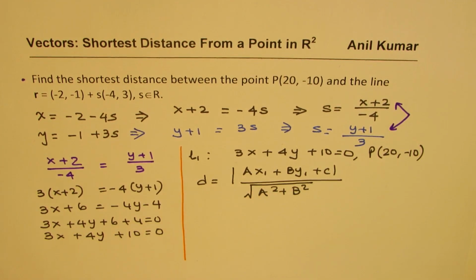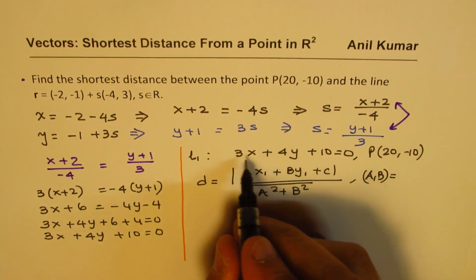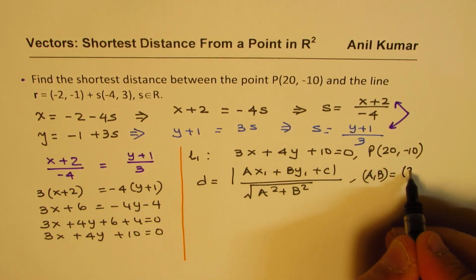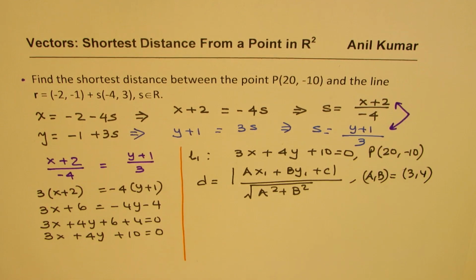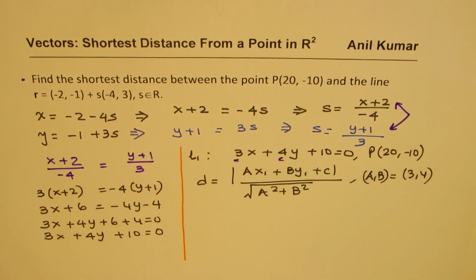Where a and b are normal, correct? So in our case, what is a and b? That is the normal 3 and 4, right? A and b are these values, the normal to the given line. Perfect. So from here, we can actually calculate the answer.